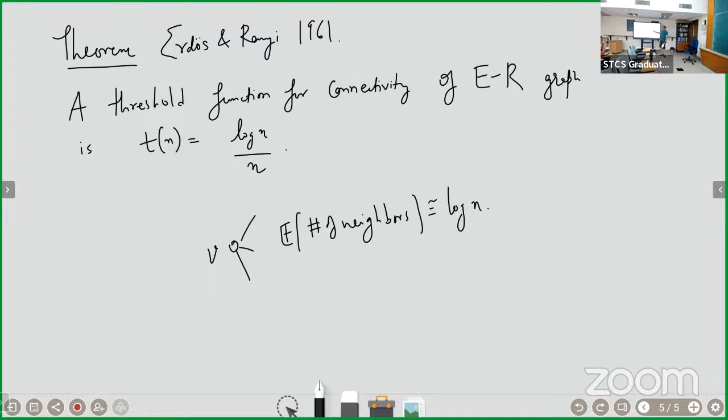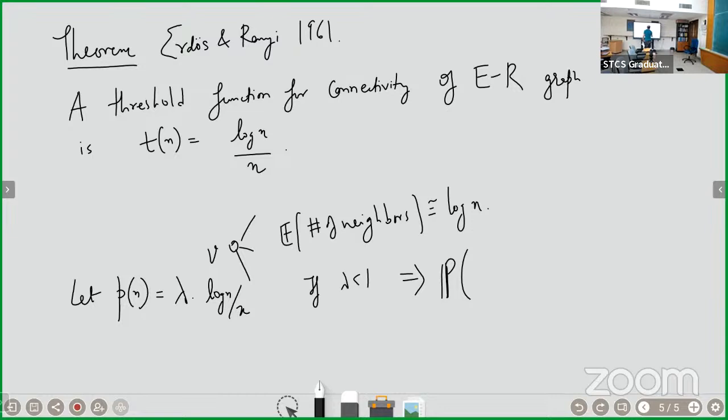Is it clear what is going on? What we will in fact prove is slightly stronger. P of n is some constant lambda times log n by n. If lambda is less than 1, the probability of connectivity goes to 0.